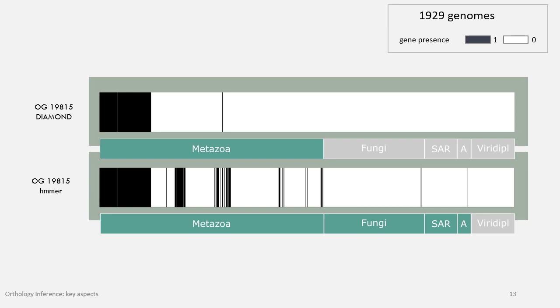As you can see from the extension of the green bar, homologous genes are recovered not only in most metazoans, but also in some fungi and protist groups. Note that recovering more orthologous genes means having performed a more sensitive search. In this way, more complete phylogenetic profiles can be built, from which more coevolutionary information can be inferred.